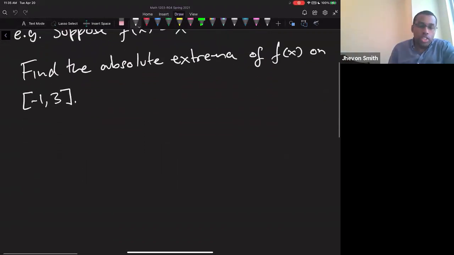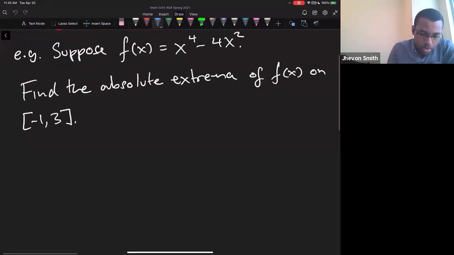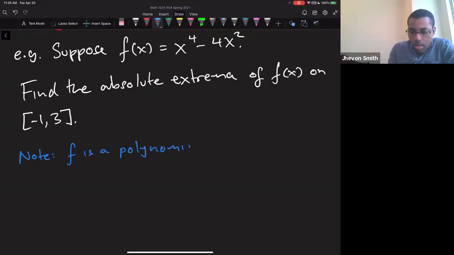All right. So first of all, you should note that this is a polynomial, and so it's definitely continuous on this interval. In fact, it's continuous everywhere. So the first thing I want you to note is that f is a polynomial, so it is continuous everywhere.